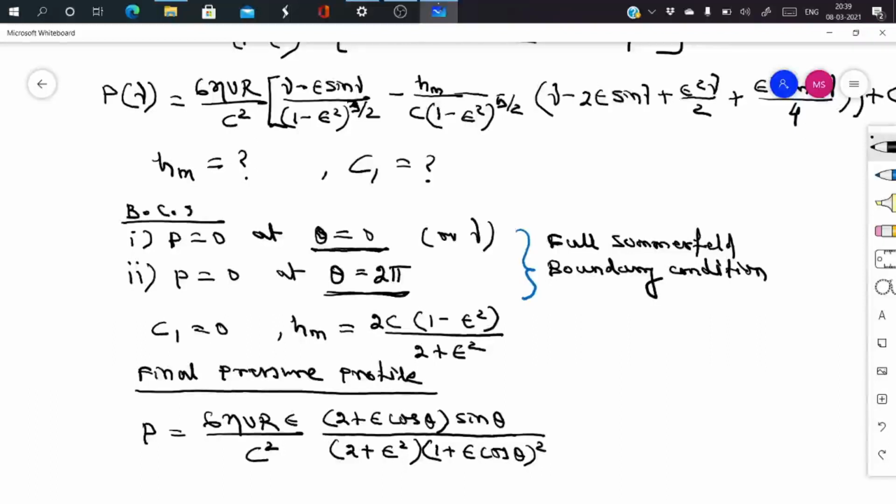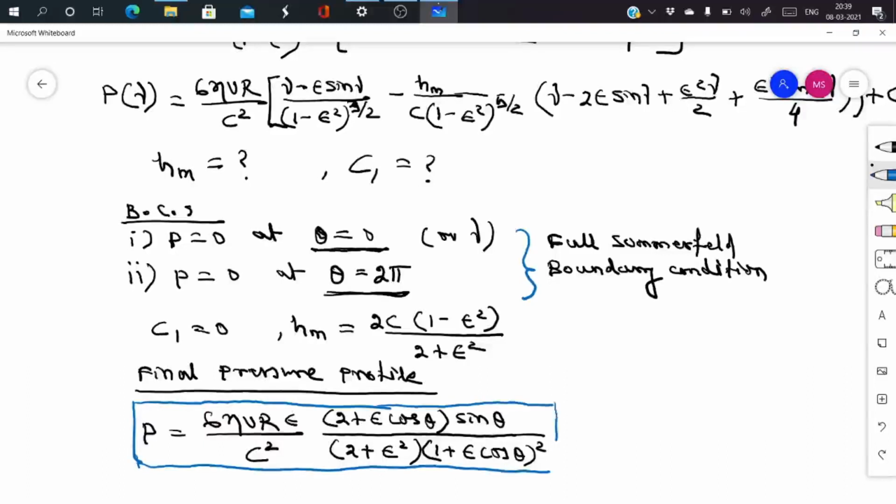So this is the governing pressure, or the pressure profile, that we will get in case of a journal bearing if you use the full Sommerfeld boundary condition.